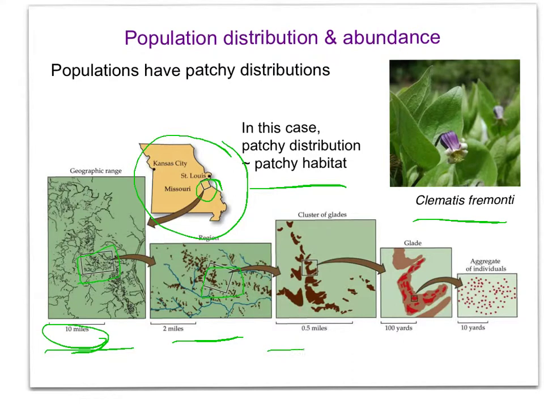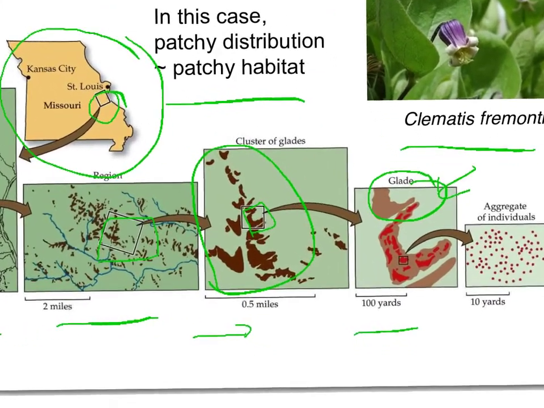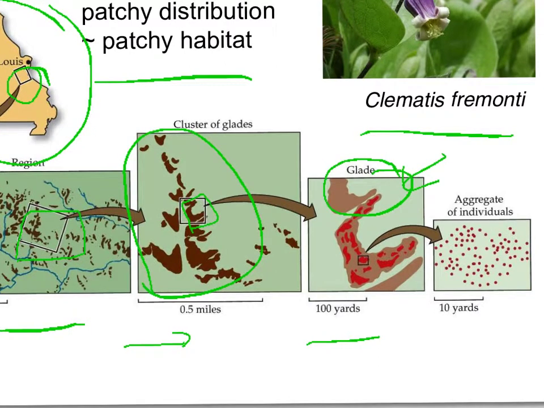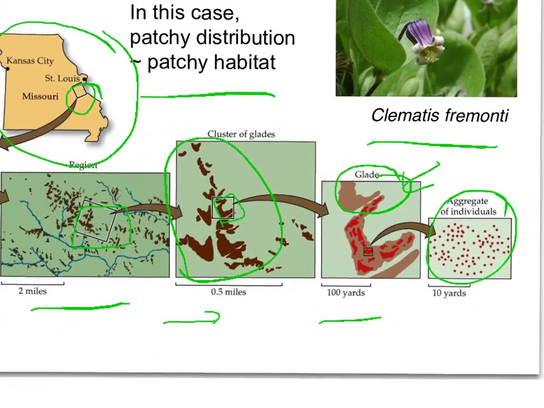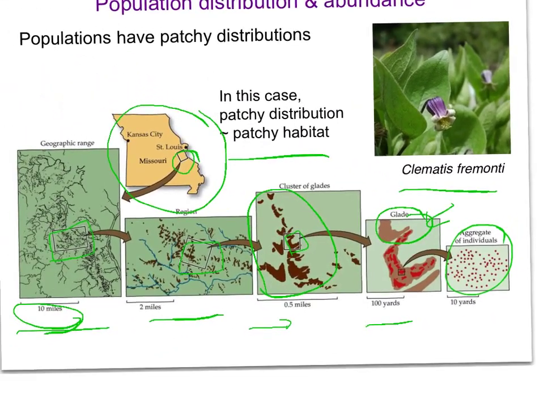If we take a smaller chunk, a small glade cluster within the larger grouping of glades, we can look at a single glade over here, and then even within a single glade, if we look at these little red dots, that's the distribution of Clematis fremonti, even those are aggregated together within a glade. So we see patches within patches within patches, right?